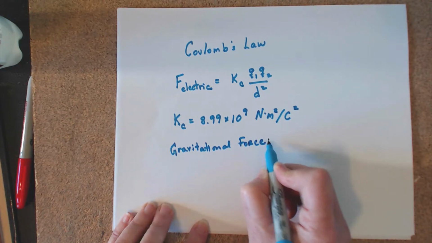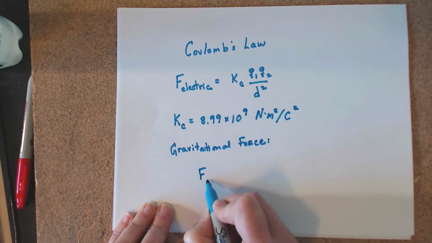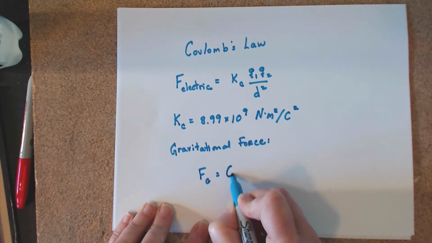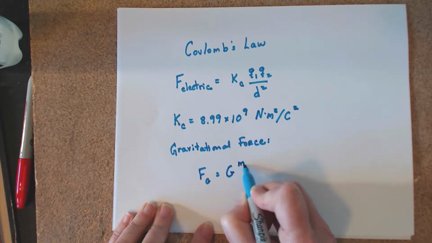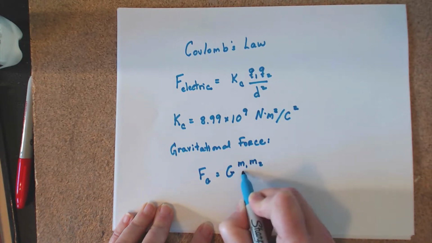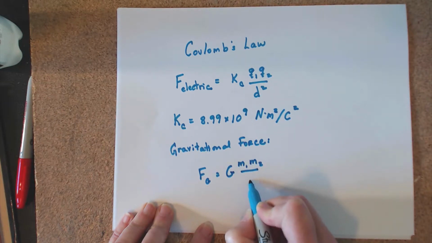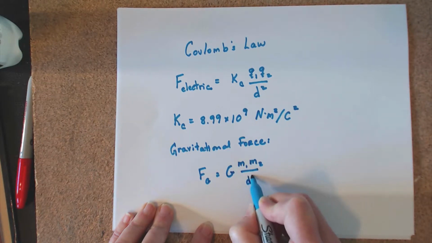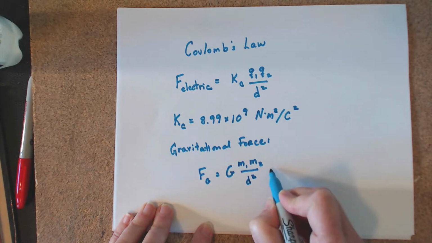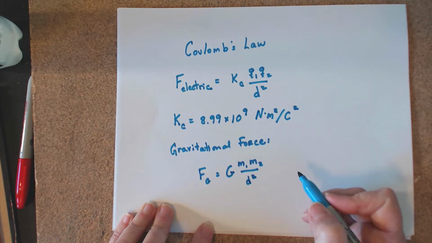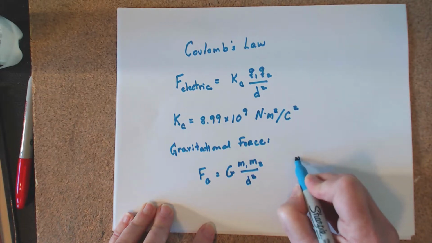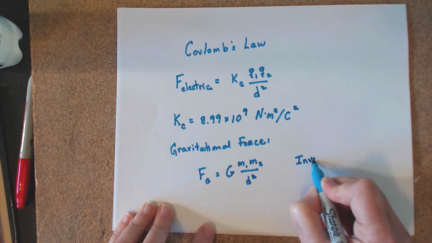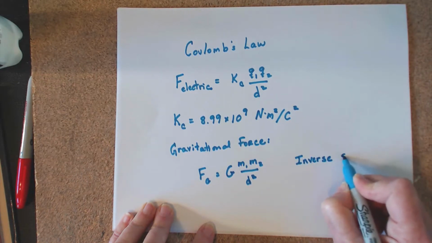However, in gravitational force, we saw that the force of gravity was equal to the gravitational constant times the mass of one object times the mass of the second object, all divided by the distance squared between those objects. These two formulas represent what is called an inverse square relationship.